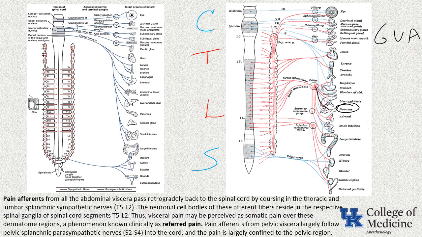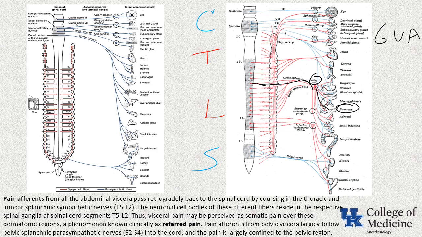It's going to synapse on the celiac plexus. It's then going to travel to the sympathetic ganglia via splanchnic nerves and then to the spinal cord. And then up towards the brain for higher processing.